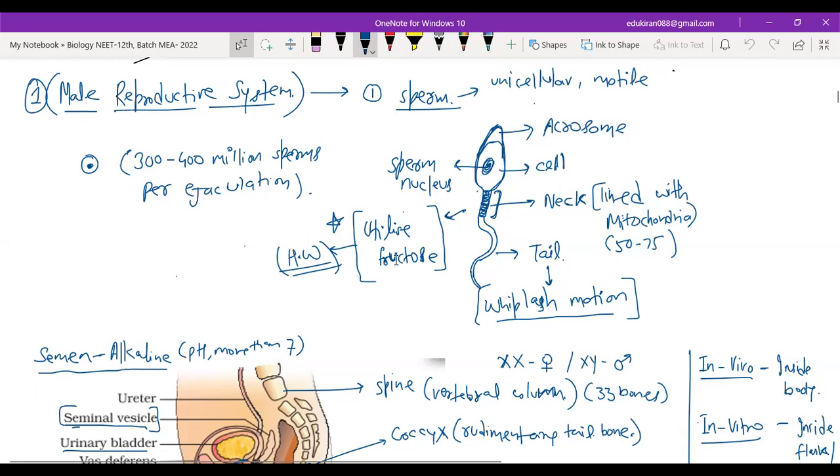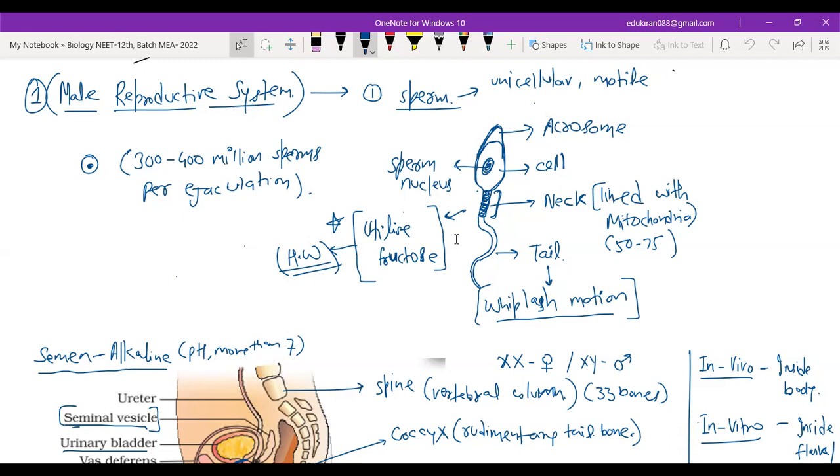Also, one important thing that you have to know about sperm is that sperm are the only cells in a male which rely on fructose for their nutrition, not on glucose. Rest all the cells in our body rely on glucose. They undergo glycolysis. Remember the class 11 respiration chapter?